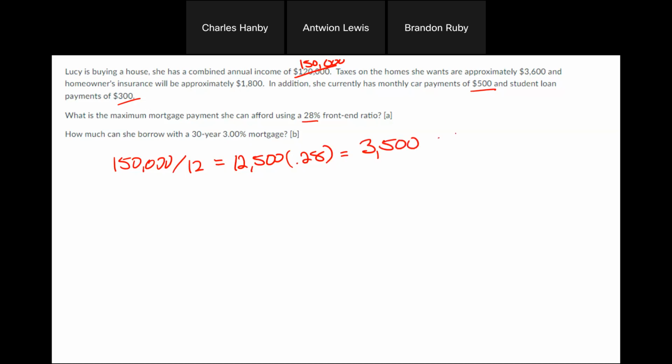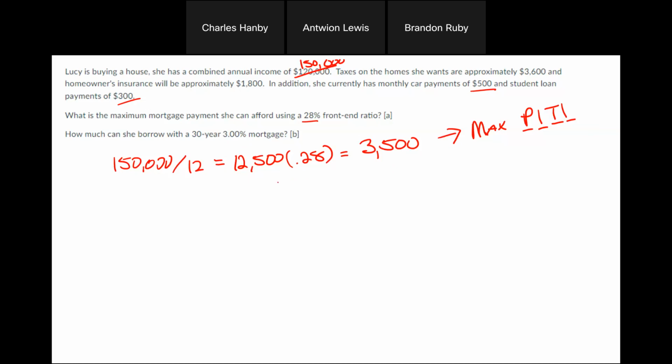This $3,500 would be her max PITI. Principal, interest, taxes, and insurance is what PITI stands for. That's only on the front end ratio, because on the back end ratio we have to take out the student loan payments, but we don't have to do it here.